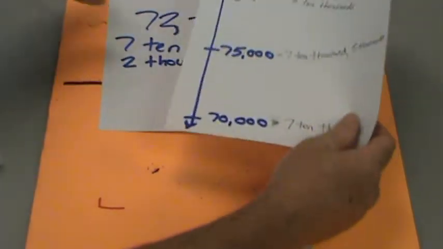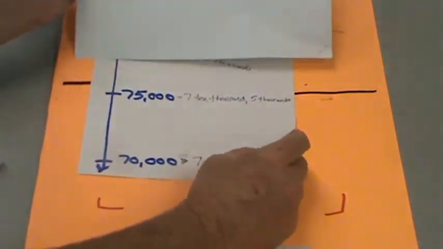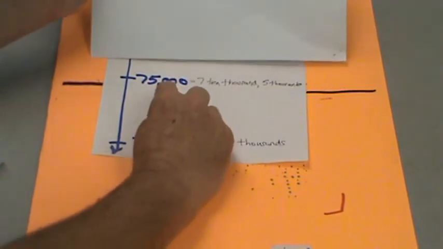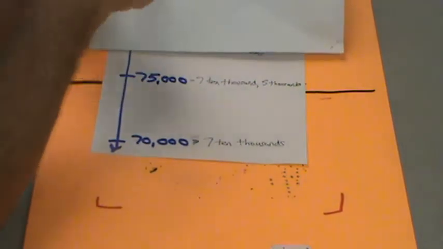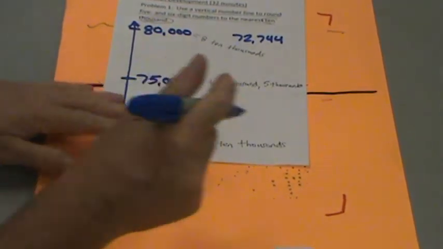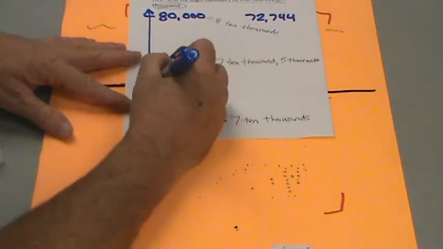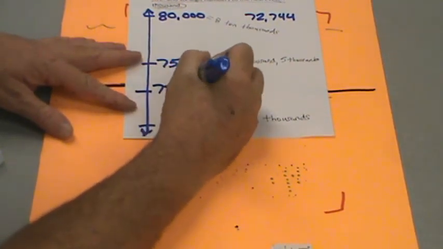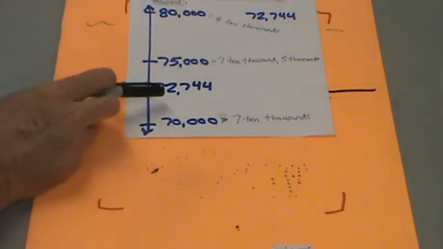And when we come back to our vertical number line, we can see, hopefully, that the 75,000 is 7 10,000s and 5,000s. Our 72,744 is 7 10,000s and 2,000s. So it must be less than the 75,000, right? So we would probably put it right around here because 72,000, and go ahead and write this down on your vertical number line, is 7 10,000s, remember the place value chart, and 2,000s.